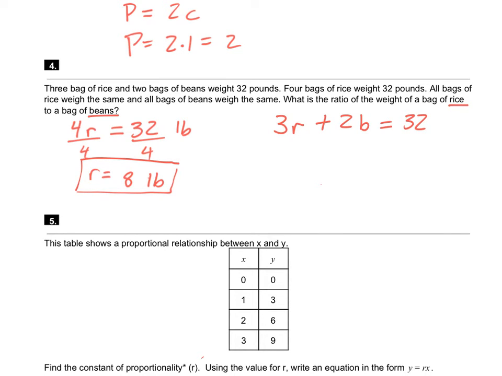Now, what we're going to do is substitute. We know that each bag of rice is actually 8, so instead of R, we're going to put 8 plus 2 bags of beans, and that is going to give you 32.